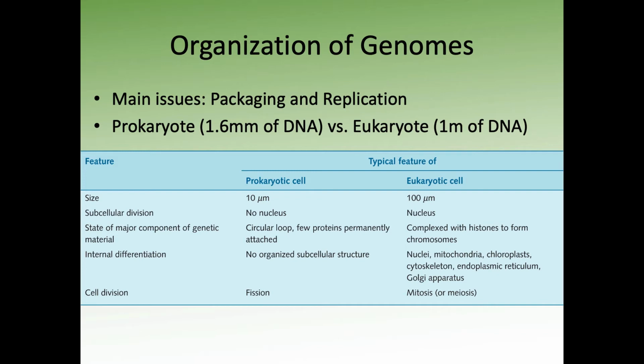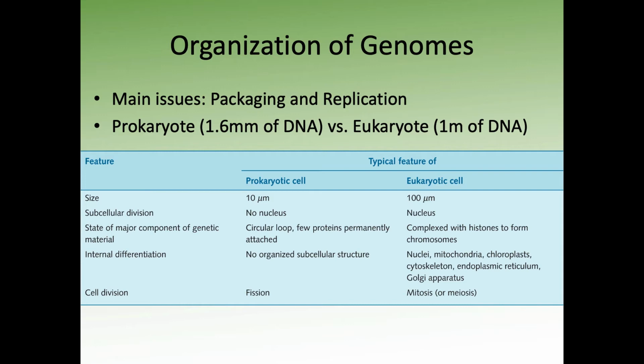So if we think about a prokaryotic cell, there's no nucleus. If we think about a eukaryotic one, there is. Prokaryotic genomes are generally circular in nature, whereas eukaryotic genomes form chromosomes with the help of histones around which they wrap. And there's lots of compartmentalization and cellular substructures in eukaryotic cells, and not so much in prokaryotic cells.